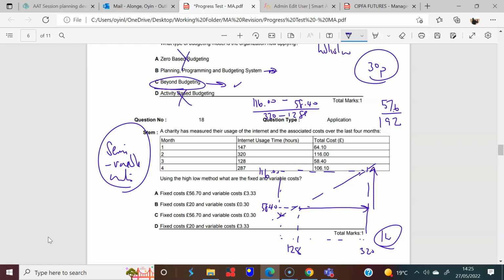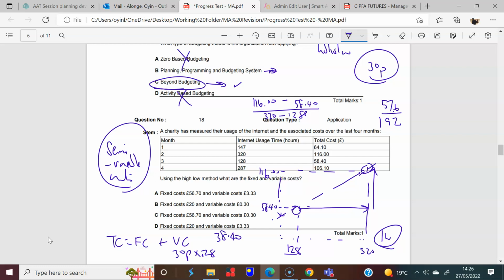Now that I know my variable cost, I can pick one of these and plug in to find out what the fixed costs are, because I know the total costs are equal to fixed costs plus variable costs. So if I'm paying 30p an hour, then for 128 hours the total variable cost is £38.40.